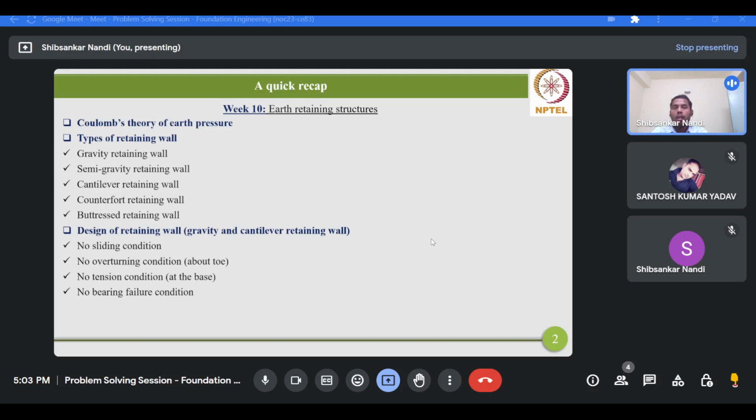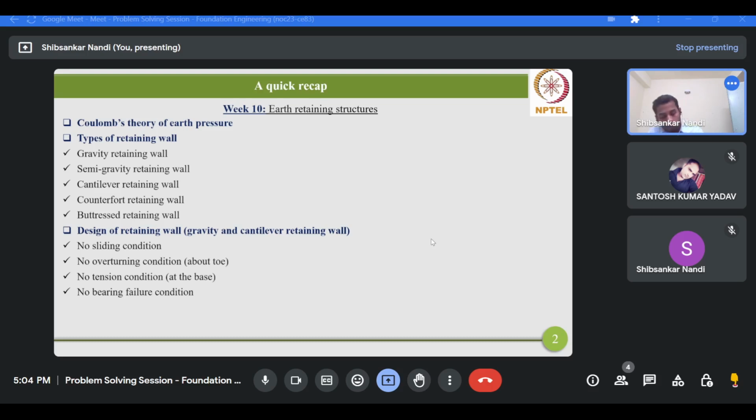Rankine basically assumed some conditions to derive the earth pressure theories, and one of those assumptions is that he didn't consider any angle of friction between the wall surface, the back face of the wall, and the backfill material.